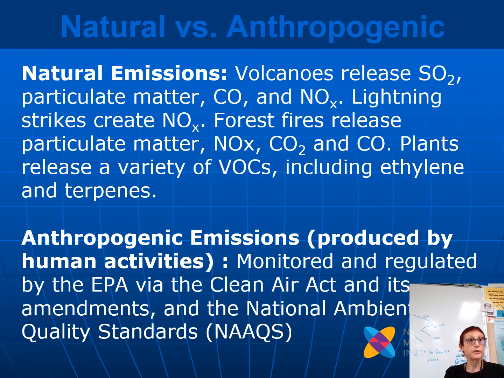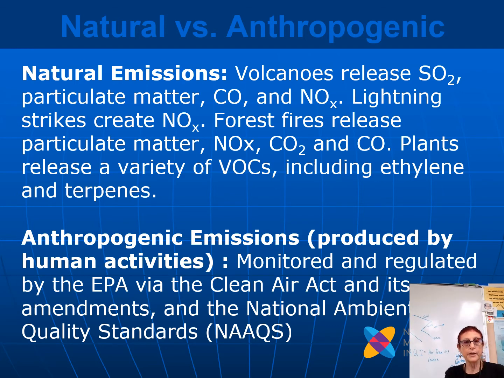And you find a desert because the increase in acidity in that area from the sulfur oxides being deposited there prevents things from growing. Forest fires, naturally occurring forest fires release particulate matter, NOx, carbon dioxide, carbon monoxide.